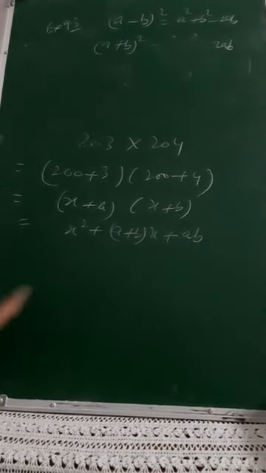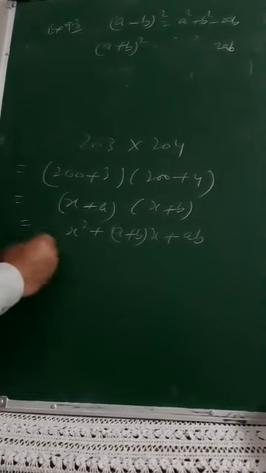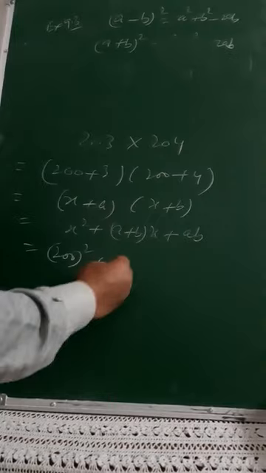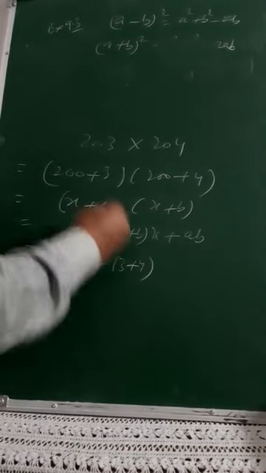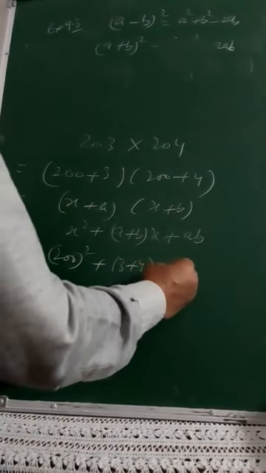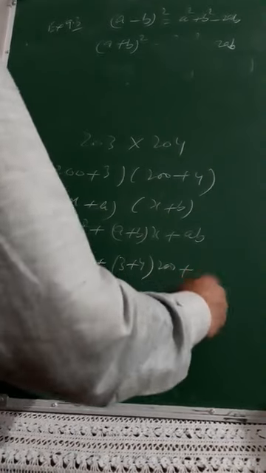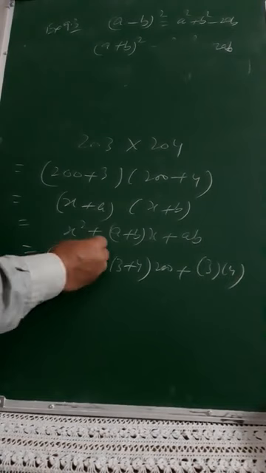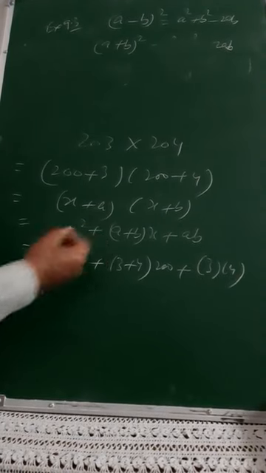So in that way, what is x? x is 200. So you put that, that is 200 square. a plus b means 3 plus 4. So (3 plus 4) into x means 200, plus the product of a and b, that is 3 into 4. So 200 square: 2 square is 4.